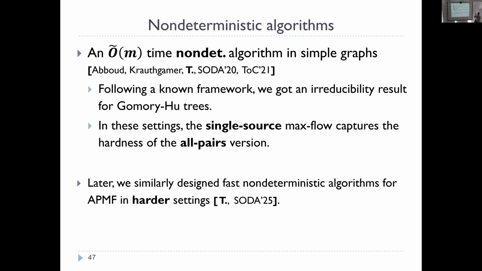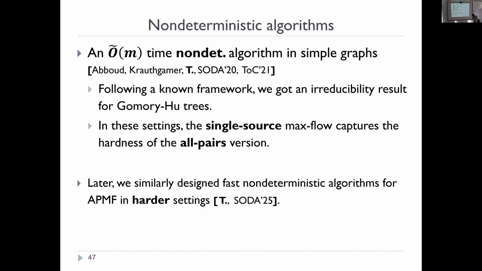Now, if you have a non-deterministic algorithm that is fast, then this essentially says that it is unlikely that your conditional lower bound will surpass the time that the non-deterministic algorithm gives you. This is a known framework in fine-grained. So given that, we wouldn't try to show a conditional lower bound assuming the SETH. This is what it essentially means.